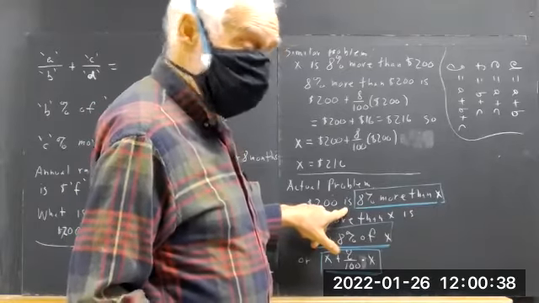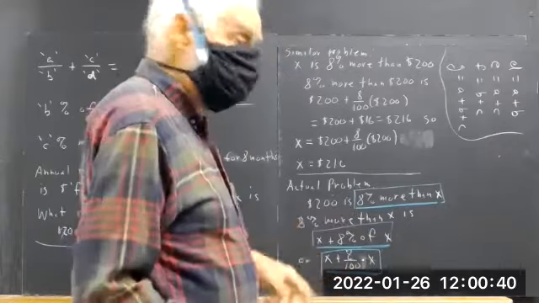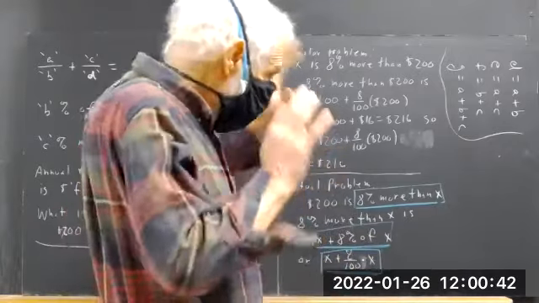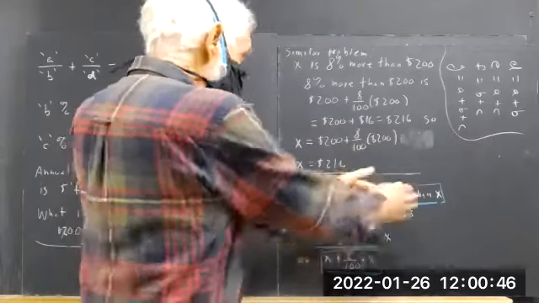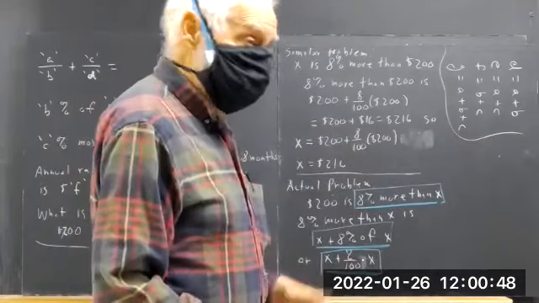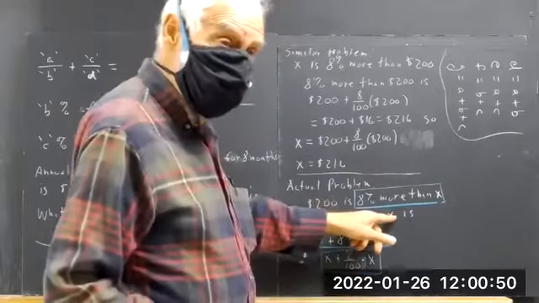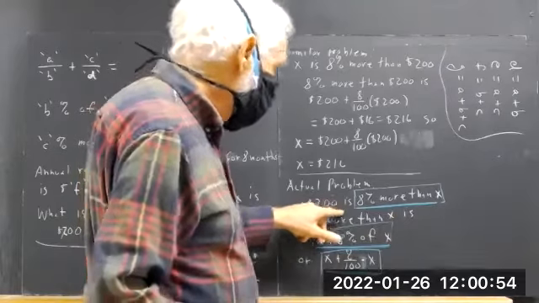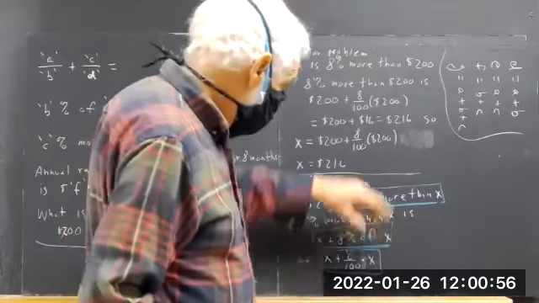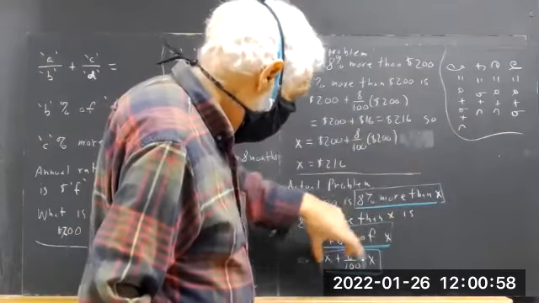Okay, now I thought 30% of the class got it. Others are still thinking. The word "is" means this is the same as this. Doesn't that mean that this is equal to this? Well, 200 is this means 200 is equal to this. So what we do is we get an expression for this.